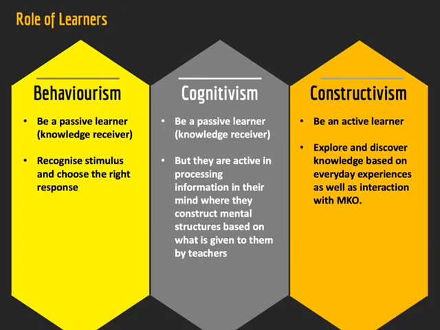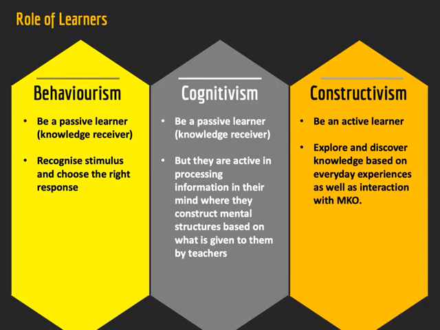In terms of the role of learners, students from the behaviorism approach are normally passive learners, where they act as knowledge receivers. They normally recognize stimulus and choose the right response. Similar to behaviorism, cognitivism students are also passive learners, but they are active in processing information in their mind, where they construct mental structures based on what is given to them by teachers.